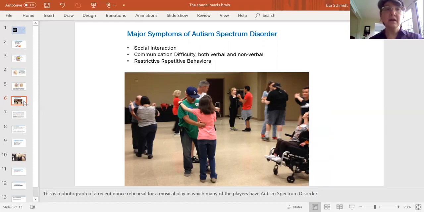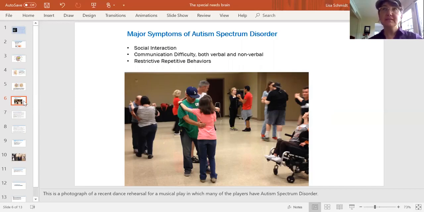I feel it's very important that if an ASD student is interested in the performing arts, it is incumbent upon us to give them an opportunity to express that interest. And so regardless of functioning level, whether this is a high functioning person or a low functioning person, we want to make sure that they have a chance to express their talents and find joy.